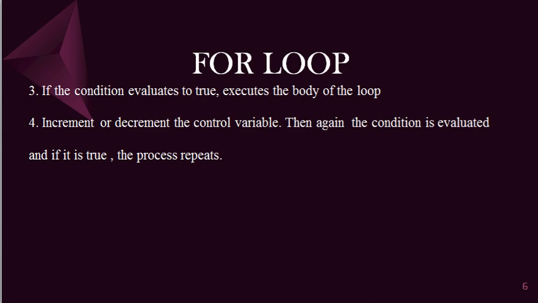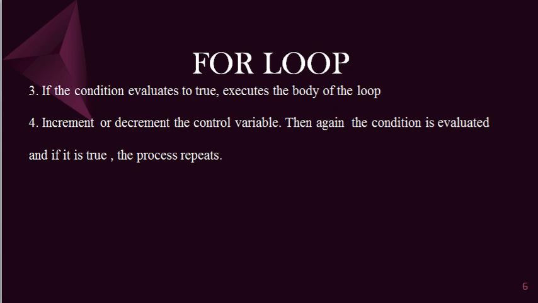Then again the condition will be checked, and if it is true, the body of the loop will be executed, then the increment or decrement is performed, and it repeats like that. So it will execute the body of the loop repeatedly until the condition is false. That is the working of the for loop.